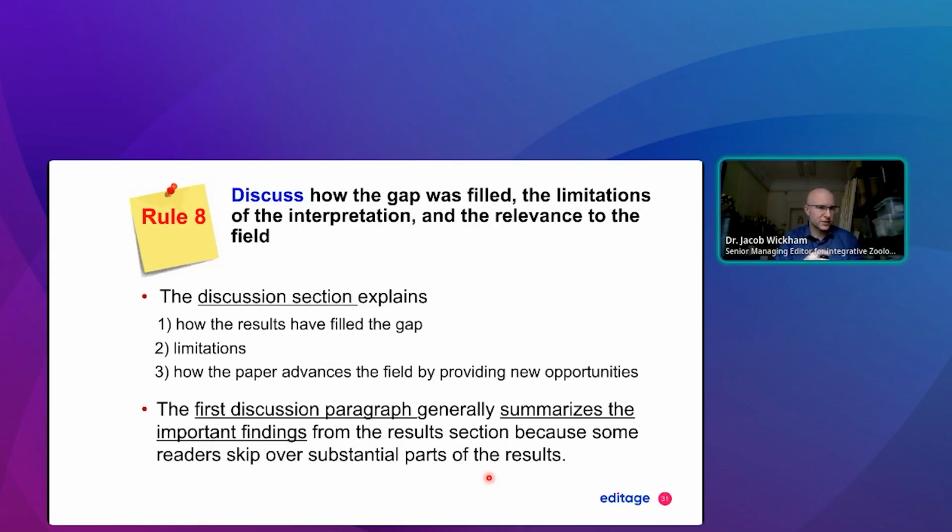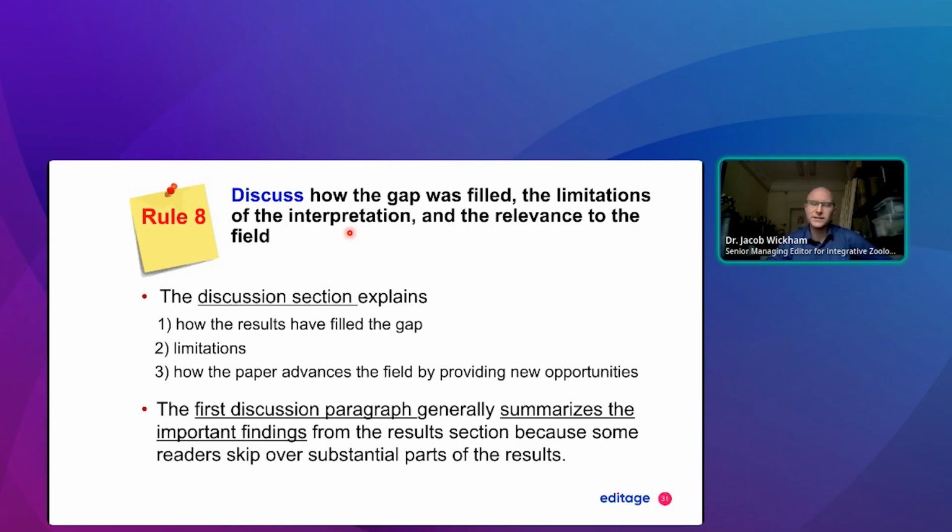Another important section is your discussion. Here you want to discuss how the gap was filled, the gap of knowledge, and the limitations of your interpretation. This could be a low sample size, or there might be limits with funding, or the amount of patients that you have.